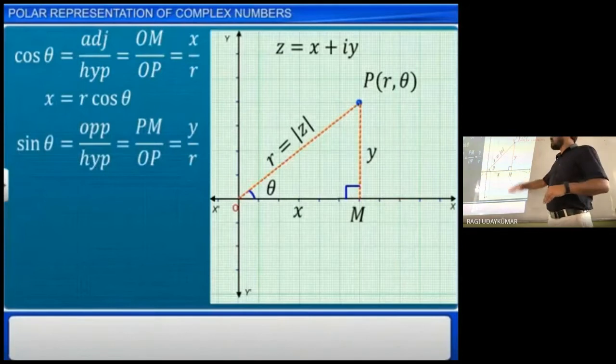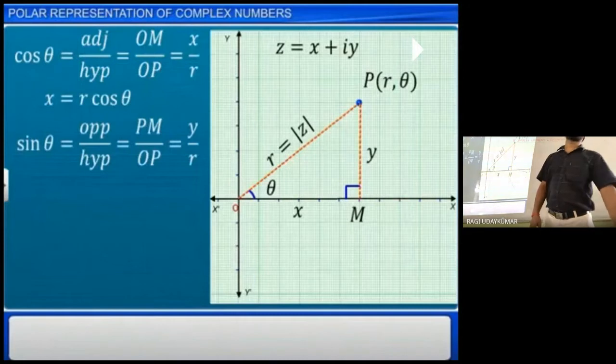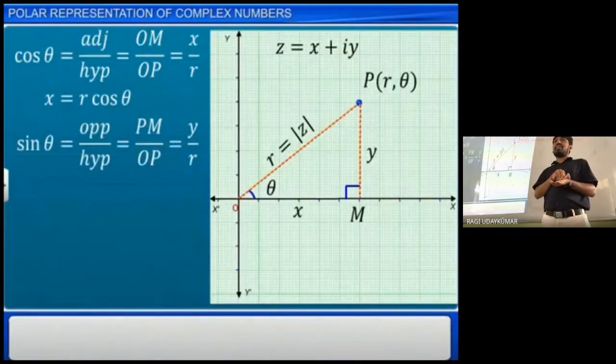And sin theta is opposite by hypotenuse, the opposite of theta is y, so sin theta is y by r, and y equals r sin theta. So the x value is r cos theta, and the y value is r sin theta.